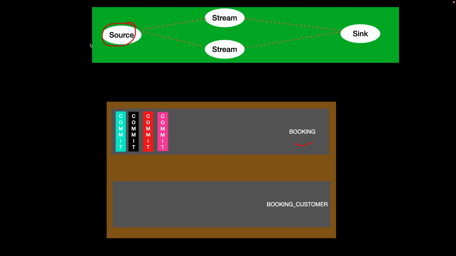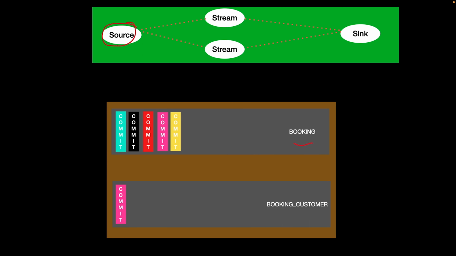If we look at the scenario we discussed earlier, we had a booking topic, and whenever messages were pushed to the booking topic, the source processor consumes the data from the booking topic, then the stream processor performs a set of operations, and the sink processor has the responsibility of writing that information into the booking_customer topic.